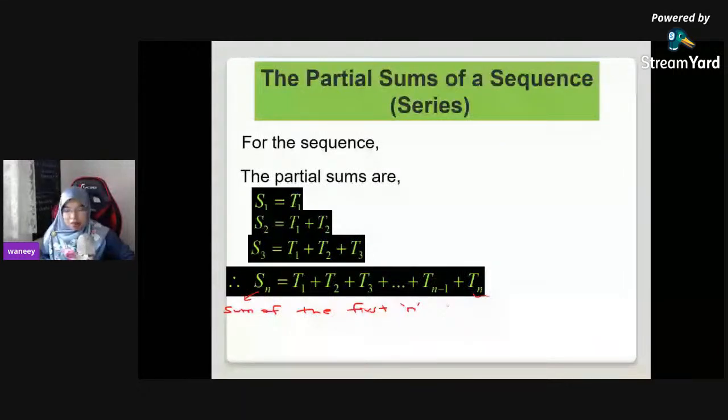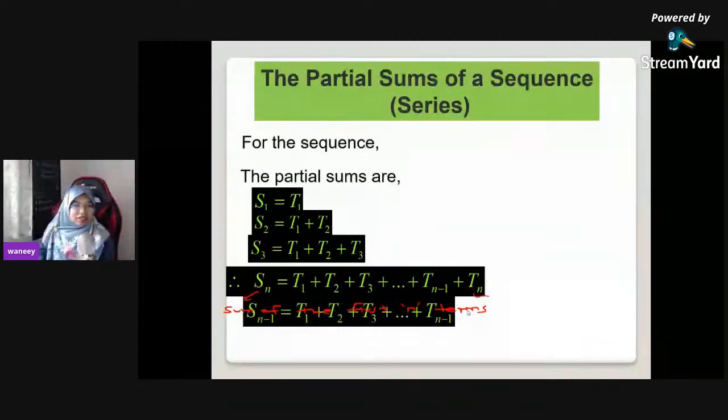So we add until n. Okay, so this is the sum of the first n minus 1 terms because we have n minus 1 here.